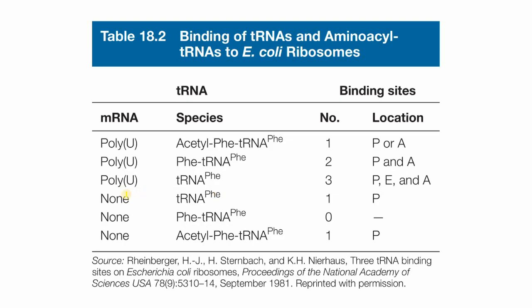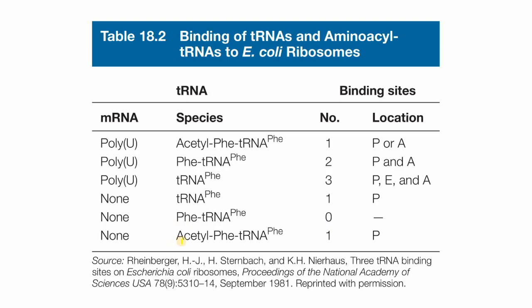They also found out that if you don't give the poly-U mRNA to the ribosome, uncharged tRNA binds only once, and it's in the P site. Phenylated tRNA doesn't bind at all.